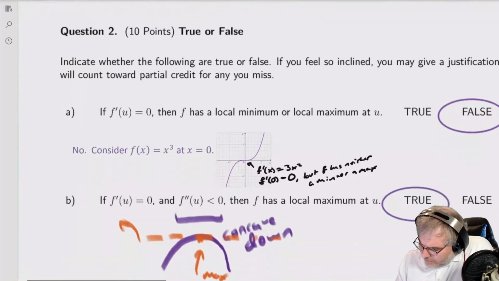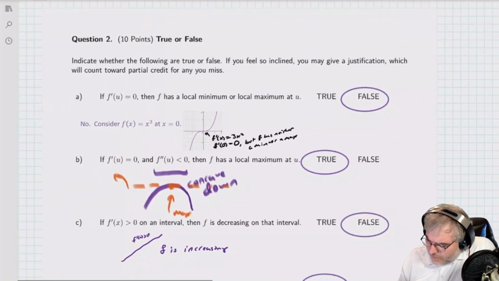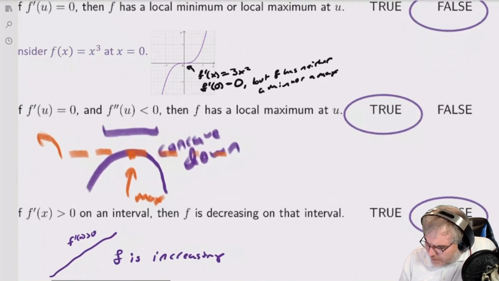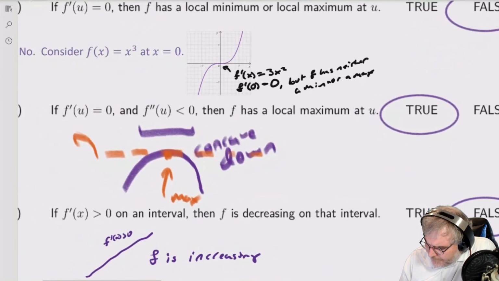So one direction is true, but the other is not. That's kind of the tough thing there. All right. If f prime of u equals 0 and f double prime of u is less than 0, then f has a local max at u. That's actually true, right?